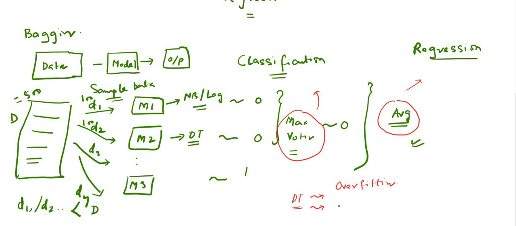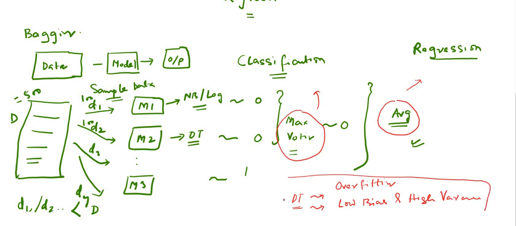Then another thing is the low bias and high variance problem, which is the same as the high variance problem. This can also be reduced by the bagging approach. That's why we go for the bagging approach. So all these problems can be reduced by the bagging approach.